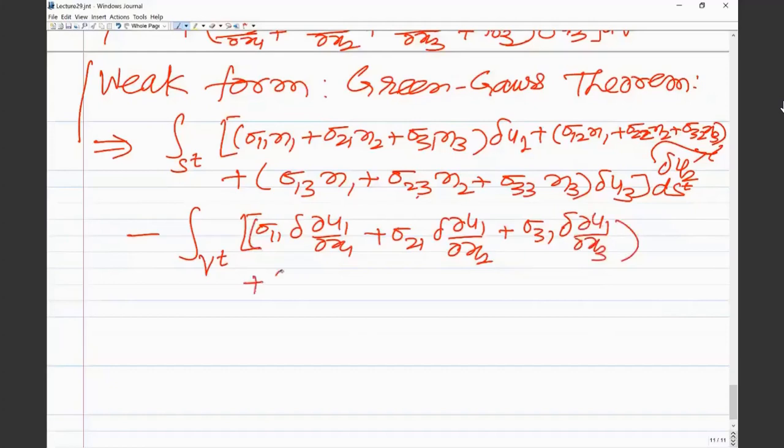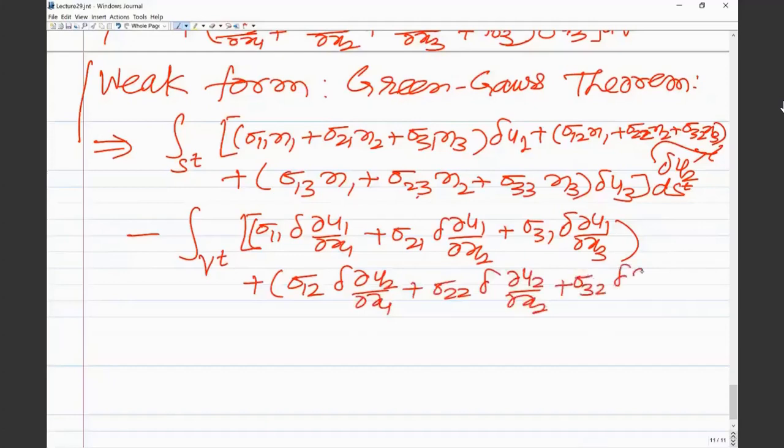Plus similarly we get other terms, so it is a little lengthy: sigma 1,2 delta of del U2 upon del x1 plus sigma 2,2 into delta of del U2 upon del x2 plus sigma 3,2 into delta of del U2 upon del x3, plus we will have sigma 1,3 into delta of del U3 upon del x1 plus sigma 2,3 delta of del U3 upon del x2.